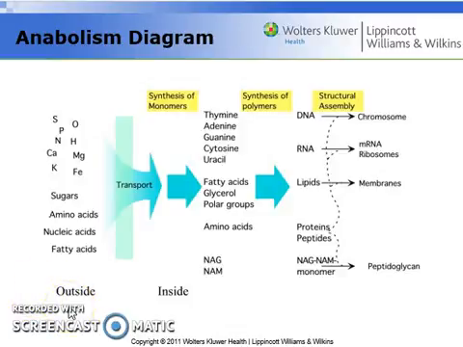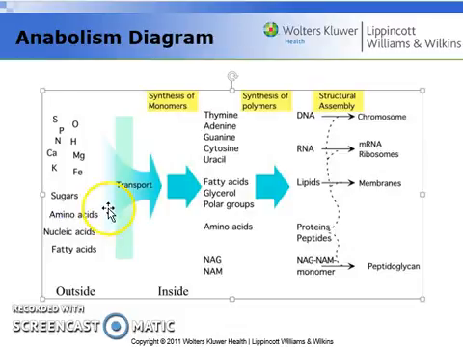We all eat things, and those things get broken down into these small components and then have to be transported inside of the cell. Once inside of the cell, it can start to generate monomers or polymers, and once these particular structures are developed in the forms of thymine, adenine, guanine, cytosine, and uracil, remember all of these, those make up nucleic acids, and that makes up our DNA as well as our RNA.